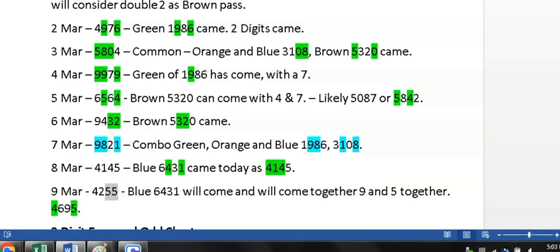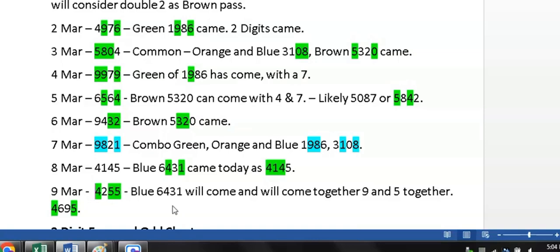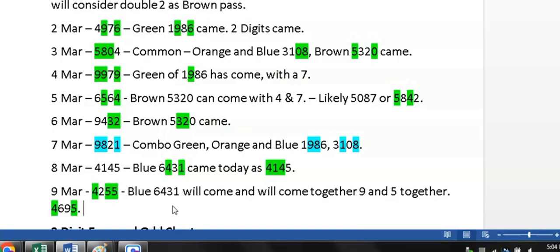Then we look at the 4-digit Friday additional chart sequence here. You can see 4255, which has come from the sequence of, ideally it is not blue, 41. It's not blue here. Today was a sequence of brown. Brown was 5320.